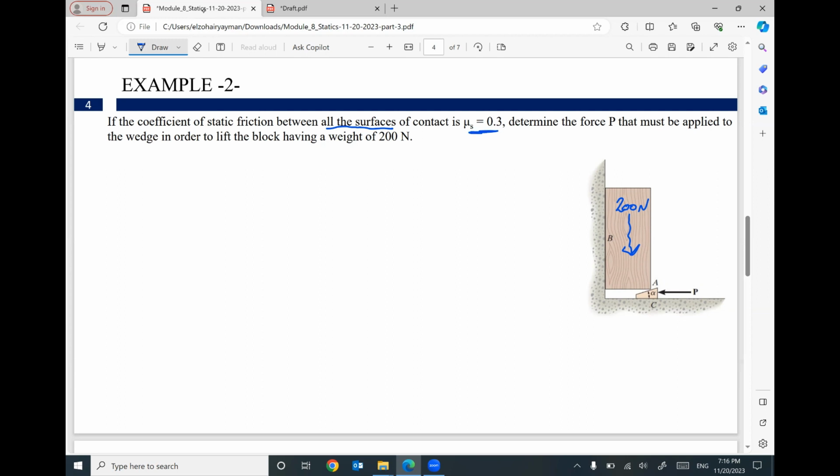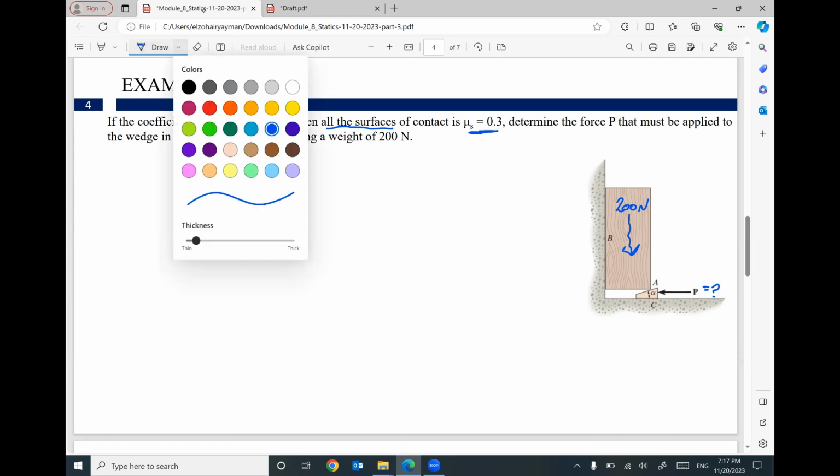The question is, what is the force P that must be applied to push this wedge to the left and to lift this block up? That makes sense? So determine the force P that must be applied to the wedge in order to lift the block having a weight of 200 Newton.